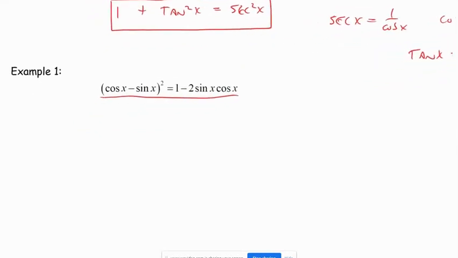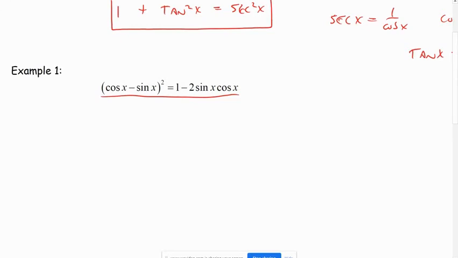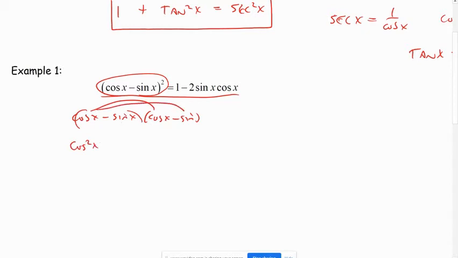So let's take a look at example 1. What we want to do is show that one side is equal to the other side. So I'm going to start off by expanding this. If we multiply cosine x minus sine x times cosine x minus sine x, we get cosine squared x minus cosine sine, and then minus another cosine sine, so that's minus 2 cosine x sine x, and then negative sine times negative sine is positive sine squared x.